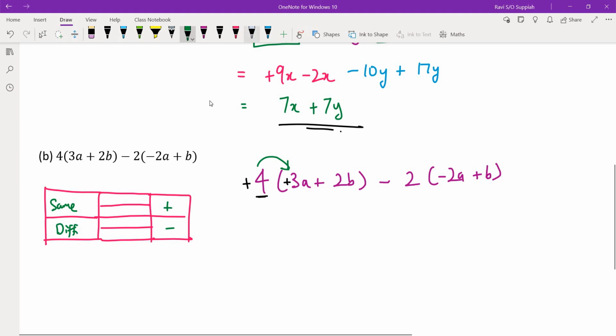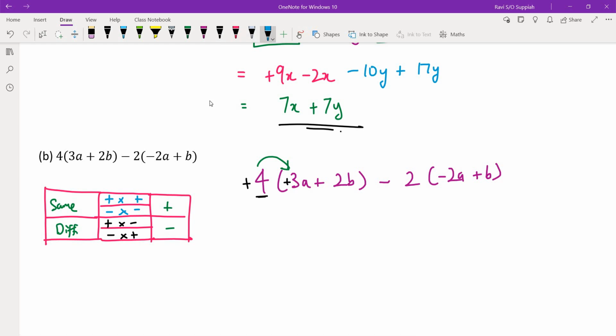What does that mean? Very simply put, if I take plus multiplied by plus or minus multiplied by minus, that means both the signs are the same, and the resulting sign will always be plus. If the two signs are different, that means plus multiplied by minus or minus multiplied by plus, the resulting sign will always be minus. So if the two signs are the same, it's a plus. If the two signs are different, it will be a minus. That's a very easy way to remember it.